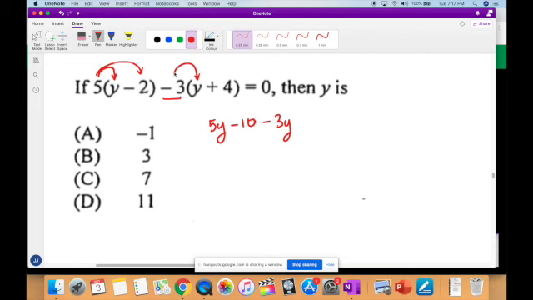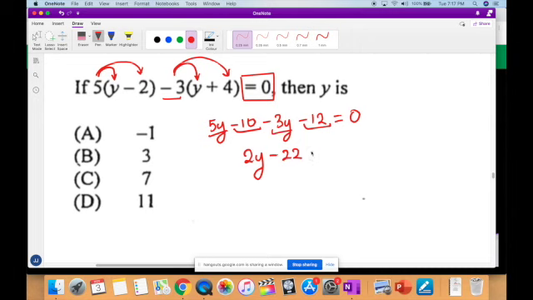And then -3 times 4 is -12. And they're saying that all of that equals 0. Now I can deal with the like terms. So I have 5y minus 3y is 2y, and I have -10 minus 12 is minus 22. That is equal to 0.